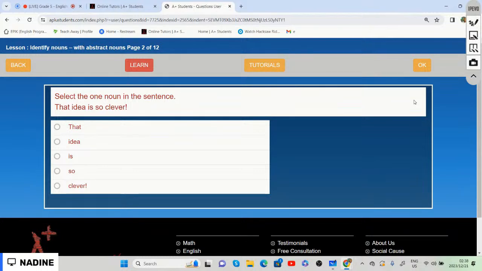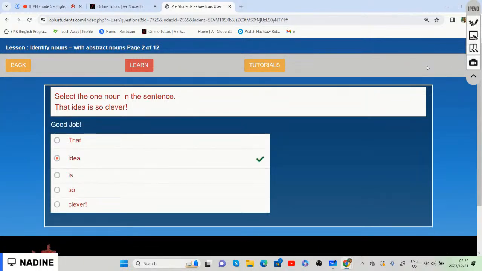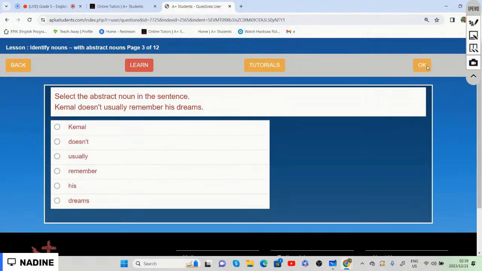We cannot hear clever, cannot touch clever. So I'm going to choose idea, but I'm most likely thinking it is clever. Oh, it is idea, but also clever. So clever is also an abstract noun, but idea definitely, because idea is a thought.